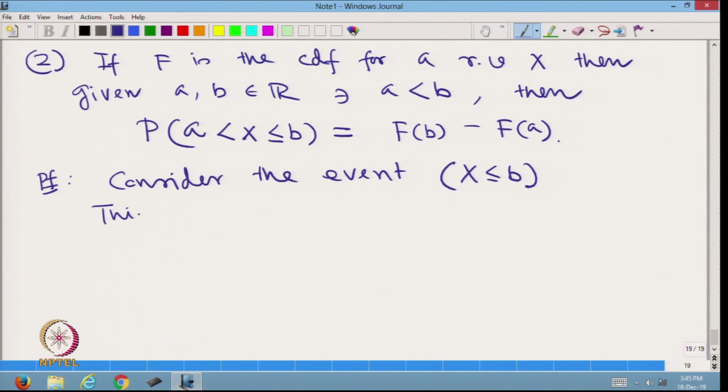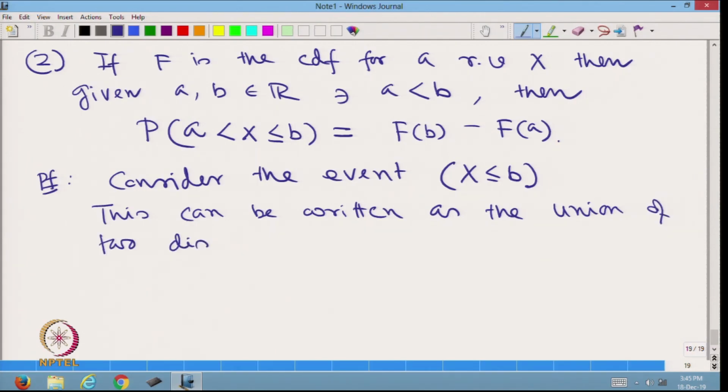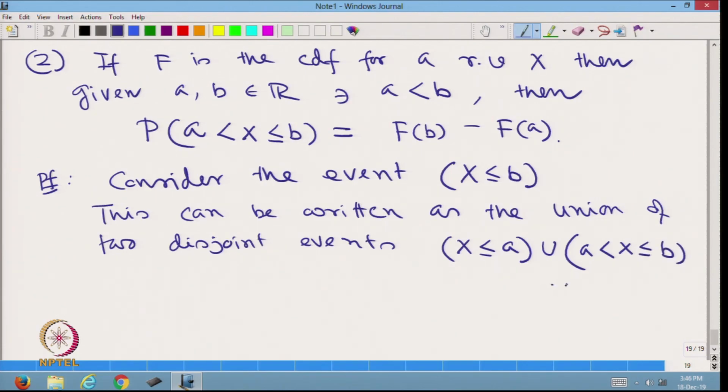This can be written as the union of two disjoint events, X less than equal to a union a less than X less than equal to b, since a is less than b.